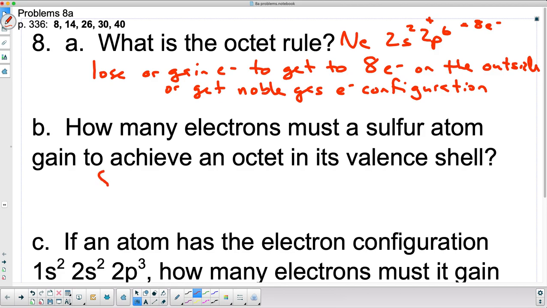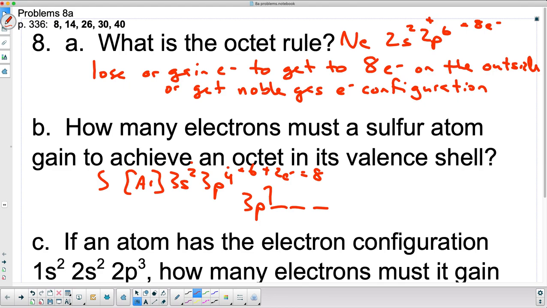Well, sulfur is argon 3s2, 3p4. If I add these top two numbers here and here, obviously I get 6, so I need 2 more electrons to get to 8, which is where they go here. So I go 3p, and then what you see is this is one way to do it.